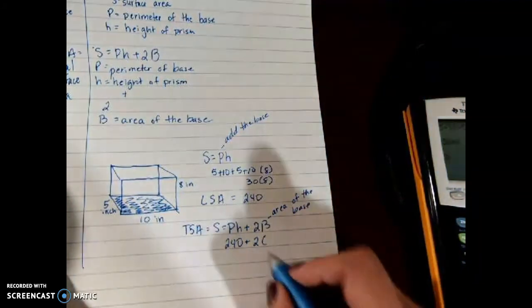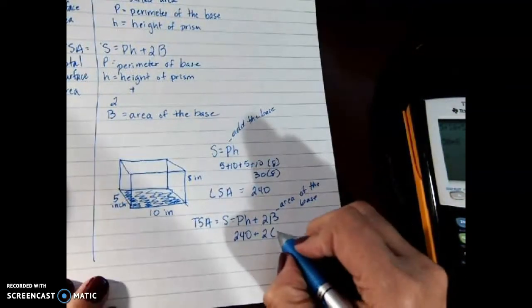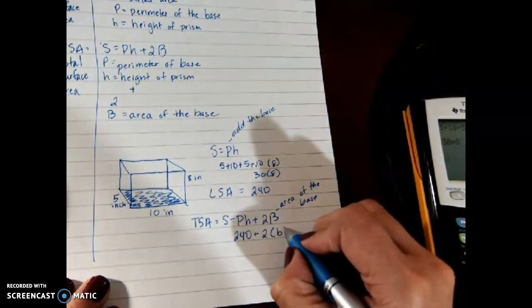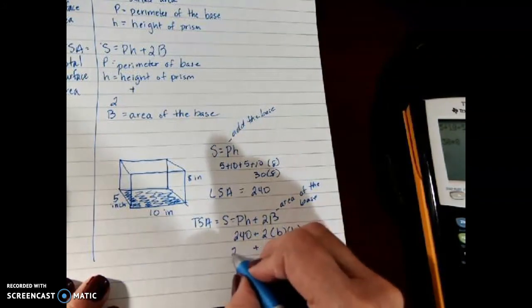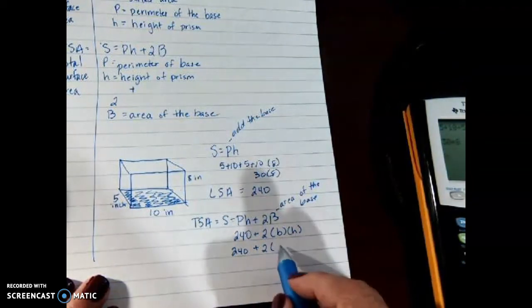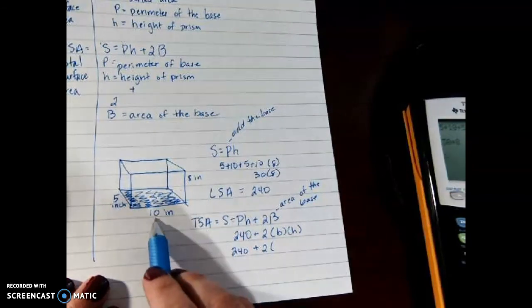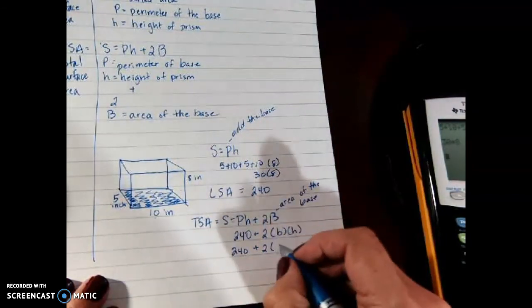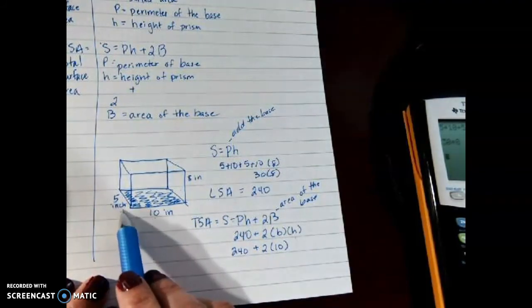So what is the area of the base? Remember big B? Base times height. So B times H. So I'm going to bring that down, 240 plus 2. Then what is the base of that rectangle base? 10. What is the height of the rectangle base? 5.